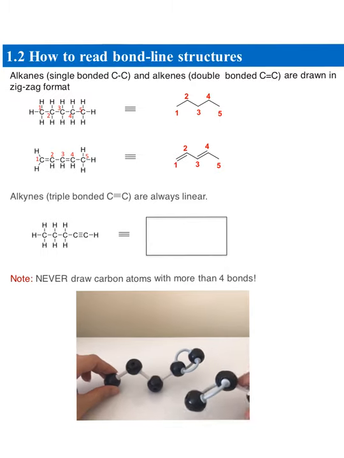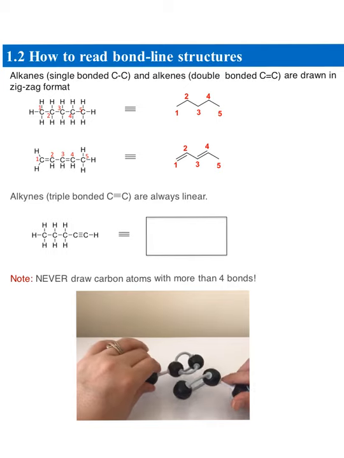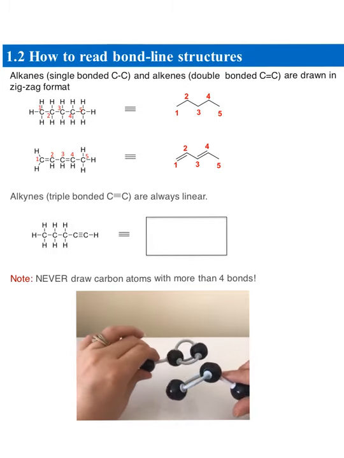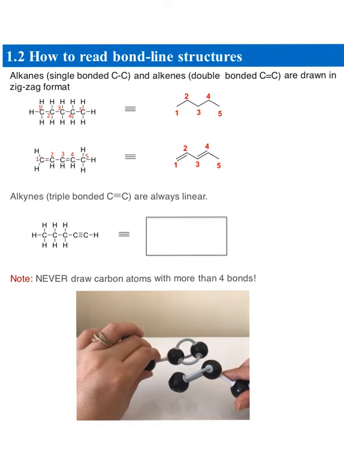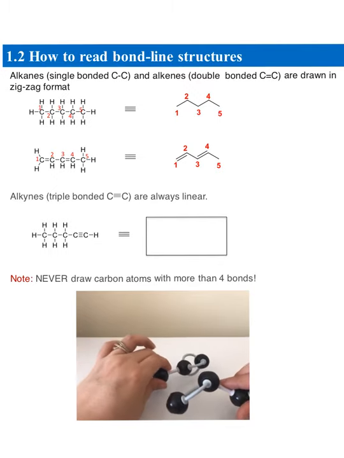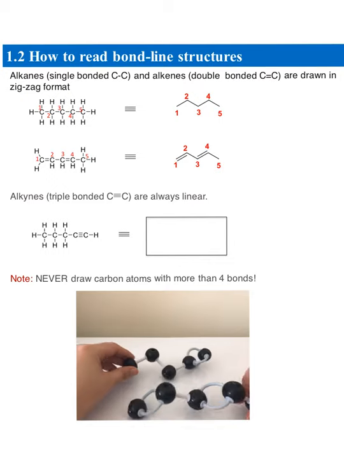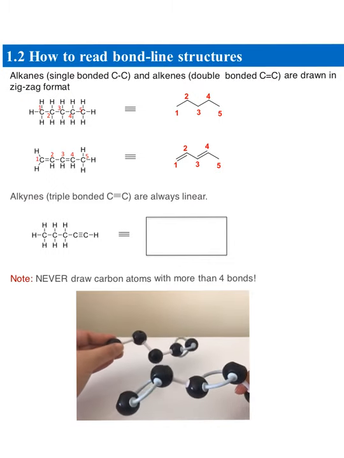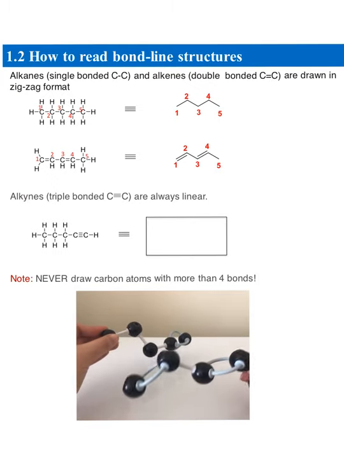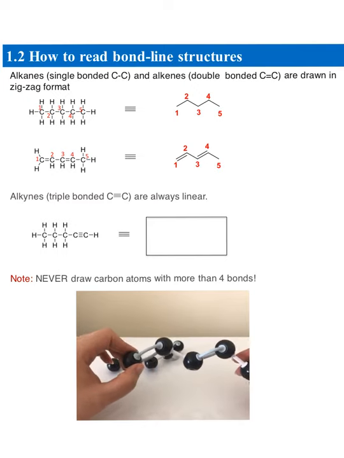If you compare the triple bond to the double bond, you can see the model also shows the triple bond is shorter than the double bond, and of course it's stronger. So these are the models. Hopefully if you buy your molecular kit, you can make the model of your molecules, which makes it easier for you to visualize the actual structure of the molecule in 3D format.